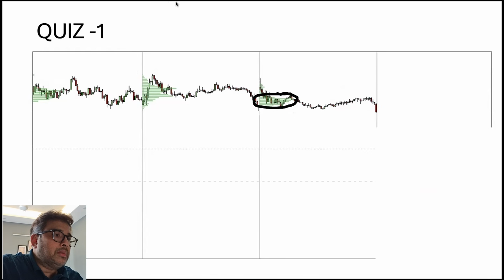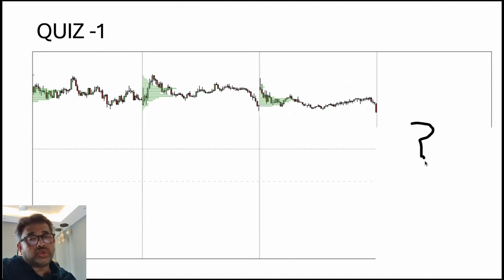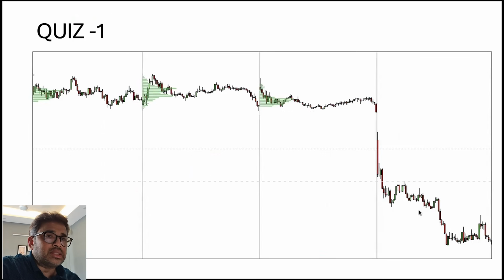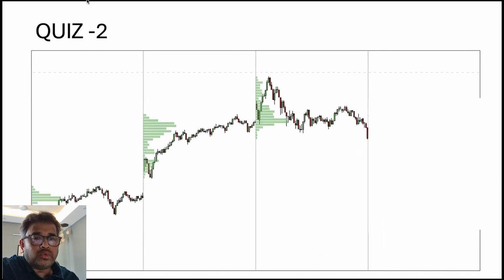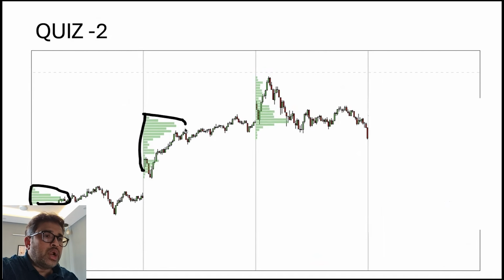So what is your prediction for the next day? I'll show you what happened the next day, but before that, you take a guess. What would have happened? Answer is, next day either a breakdown from that range or a gap down. Here in quiz 2, what is the profile here? P profile. What is the profile here? P profile. Now what is the profile here?